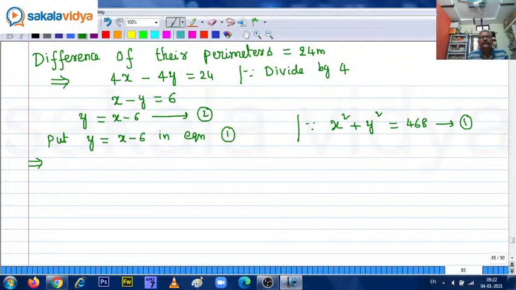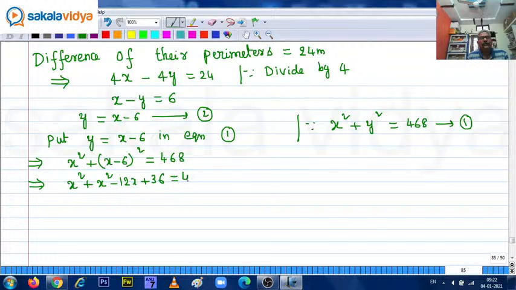So x square plus x minus 6 whole square equals 468. Here x minus 6 whole square is x square minus 12x plus 36, equal to 468.